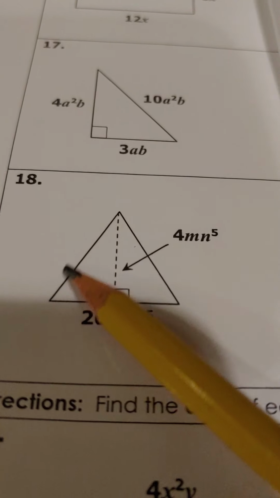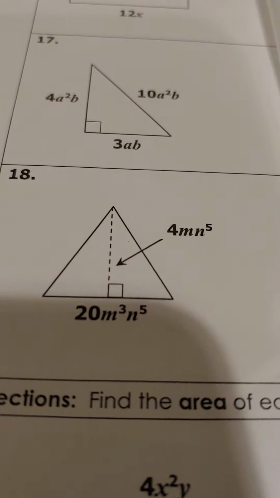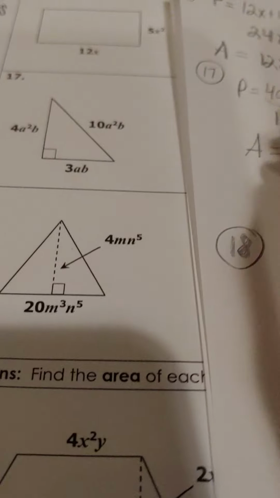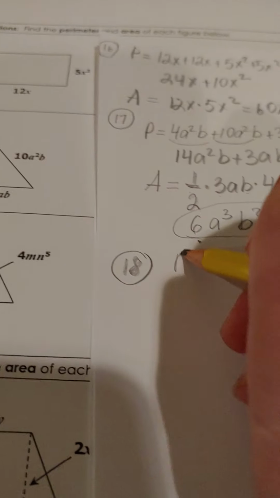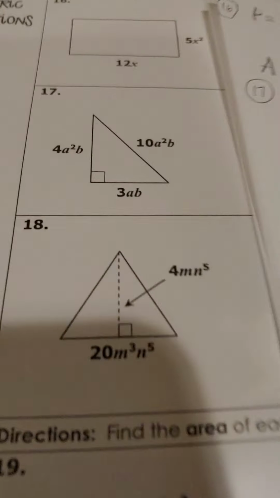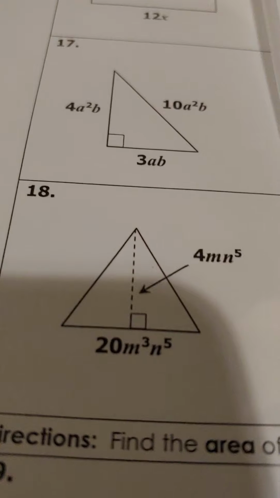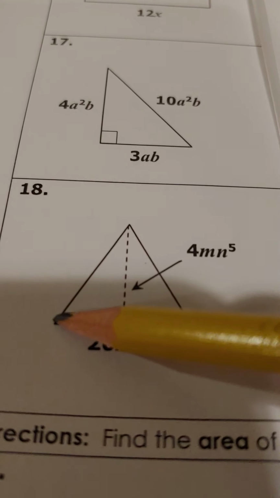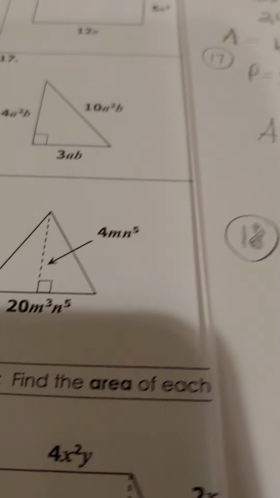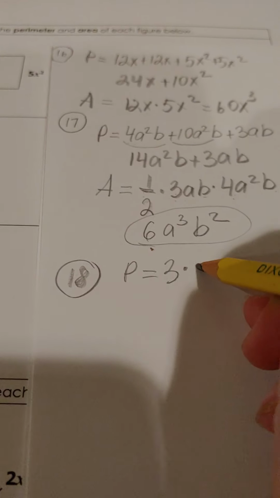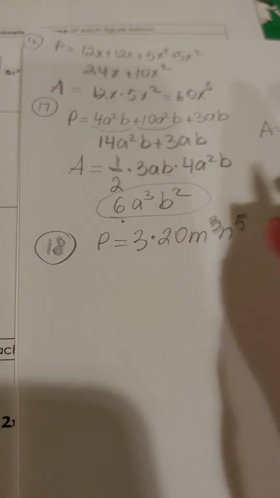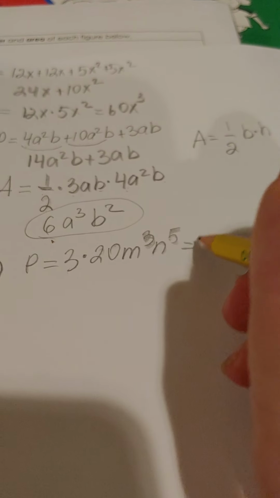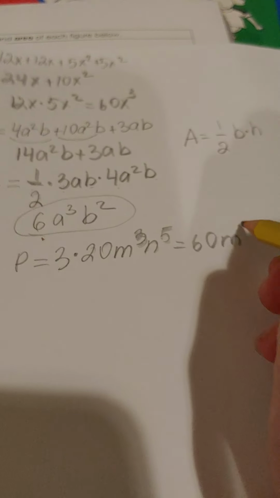This side is the same as this side, and this is the same as that side. So to figure out the perimeter, we can add all the sides or multiply the value of one of the sides by 3. So it's 3 times 20m to the third power n to the fifth power. 3 times 20 is 60, m to the third power n to the fifth power.